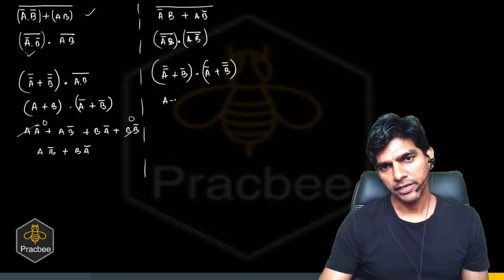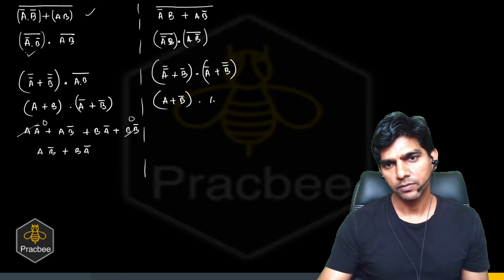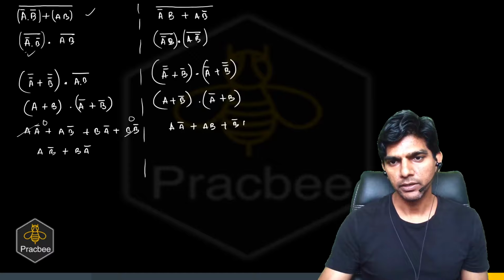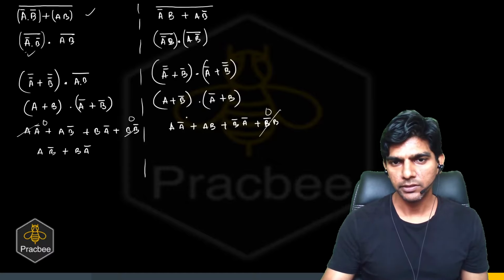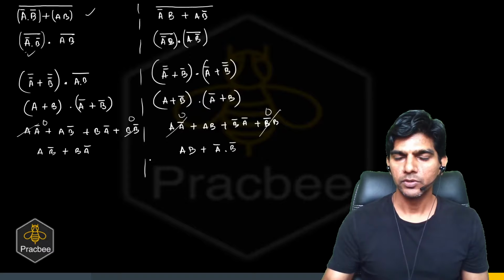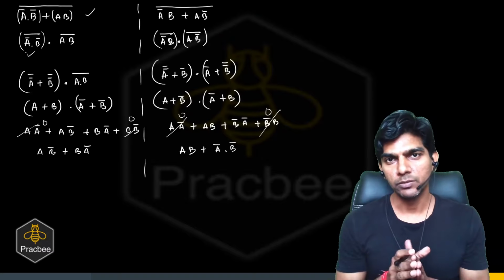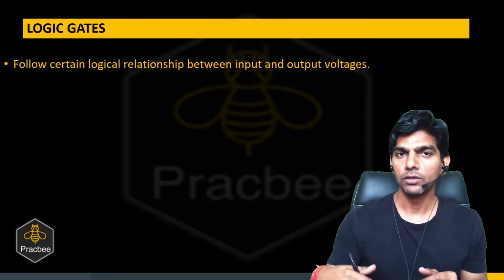This can be written as (A plus B bar) times (A bar plus B). So it will be A A bar plus AB plus B bar A bar plus B bar B. Now this is 0. This term is again 0. So it will be AB plus A bar B bar. So like this we can simplify. Okay, so I hope now that Boolean algebra is clear, let us see the logic gates.